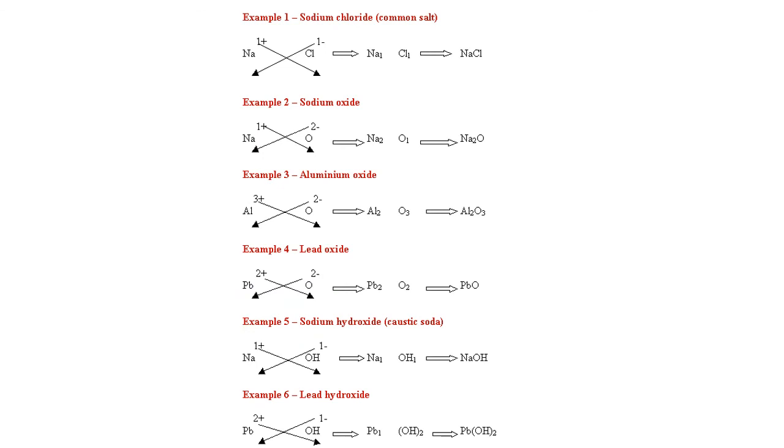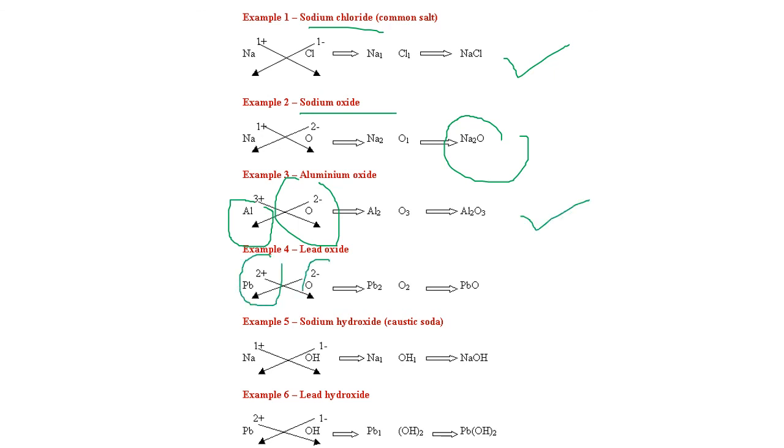Here also sodium chloride, how they have done it. You can see here also sodium oxide, Na plus and O2 minus, gives Na2O. Here also Al3 plus and O2 minus will give Al2O3, and Pb2 plus and O2 minus, after crisscross you get PbO.